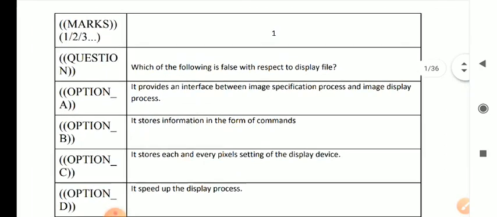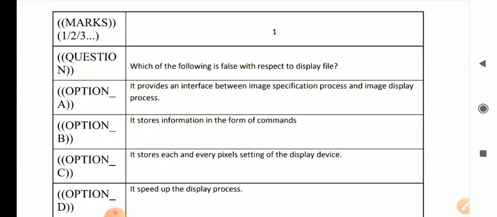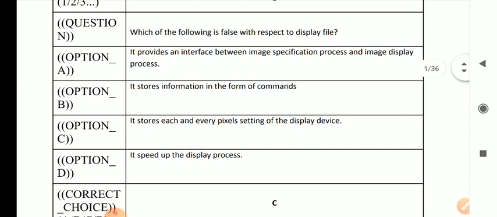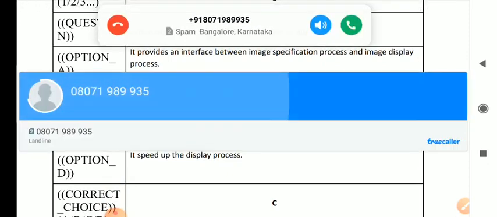Okay, so first question is, which of the following is false with respect to display file? First one, it provides an interface between image specification process and image display process. This is true. It stores information in the form of commands. It is also true.